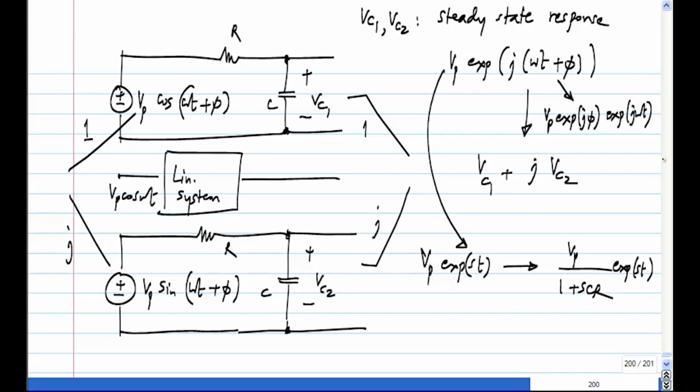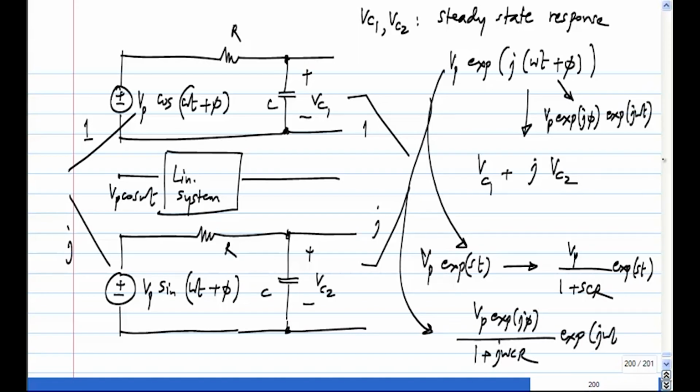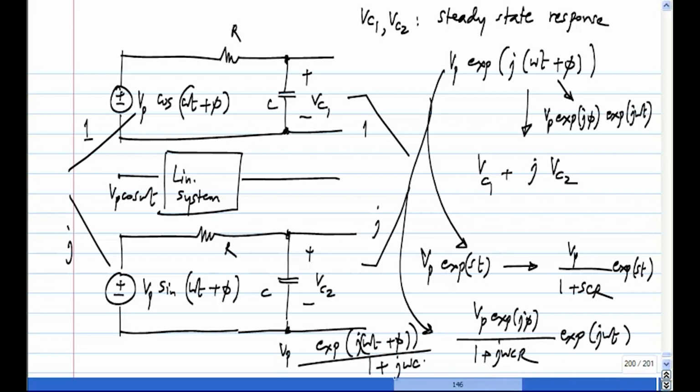The solution to this is Vp exponential j phi by 1 plus j omega CR, exponential j omega t. And I can put that phi back there. I can write it also as Vp exponential j(omega t plus phi) by 1 plus j omega CR. The answer I already know.